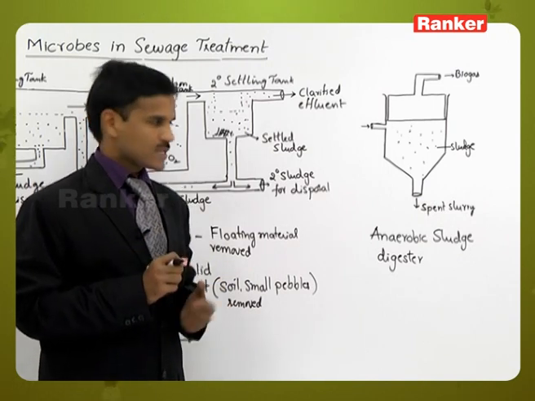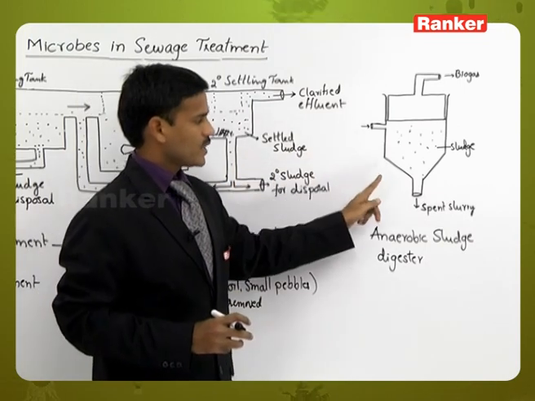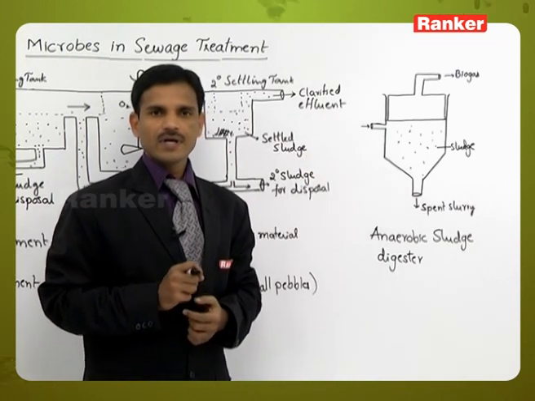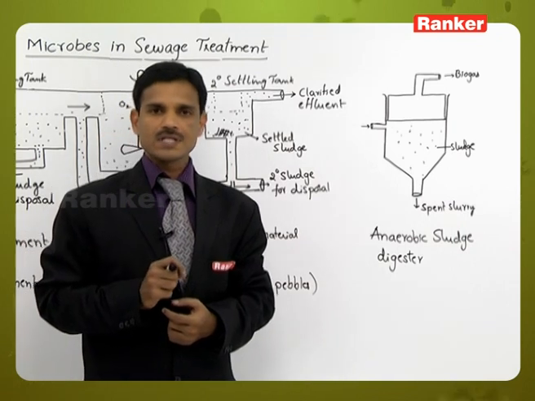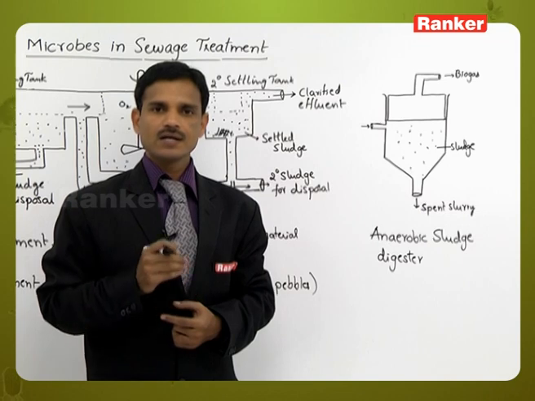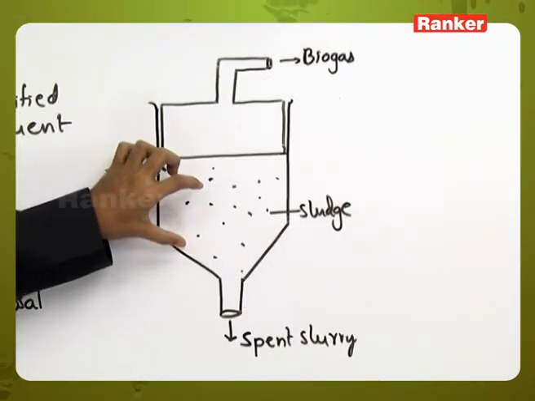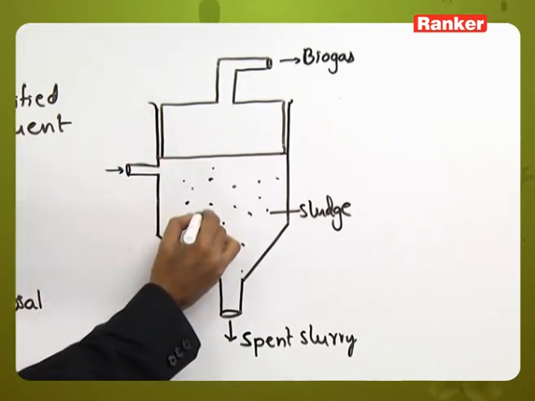Next, fungal members. The secondary sludge is taken into the anaerobic sludge digester, where anaerobic bacteria are involved. Generally these are methanogens. The methanogenic bacteria, like Methanobacillus, digest the bacteria and fungal members.